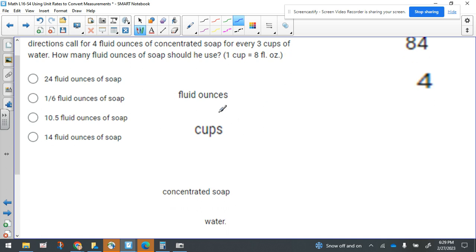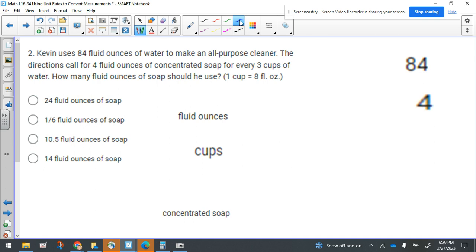All right, now let's think a little more deeply about this middle section where it says the directions call for 4 fluid ounces of concentrated soap for every 3 cups of water.